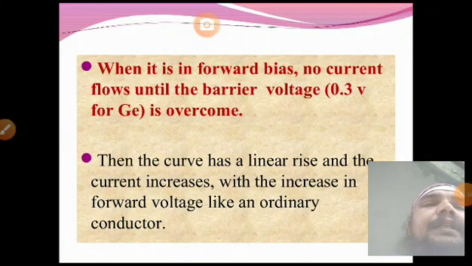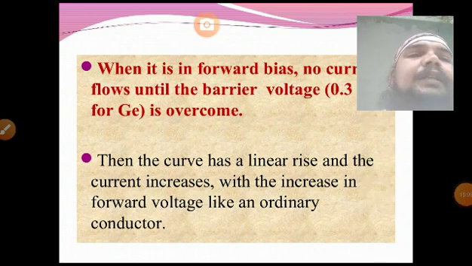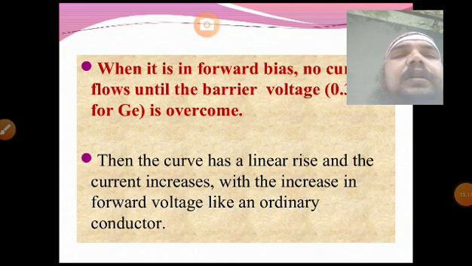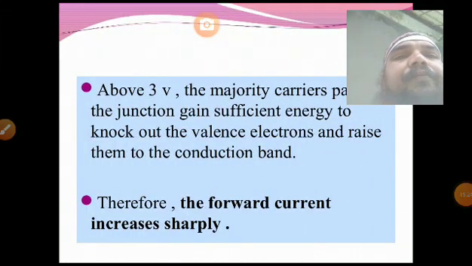When it is in forward bias, no current flows until the barrier voltage, 0.3 volt for germanium, is overcome. Then the curve has a linear rise and the current increases with the increase in forward voltage, like an ordinary conductor.